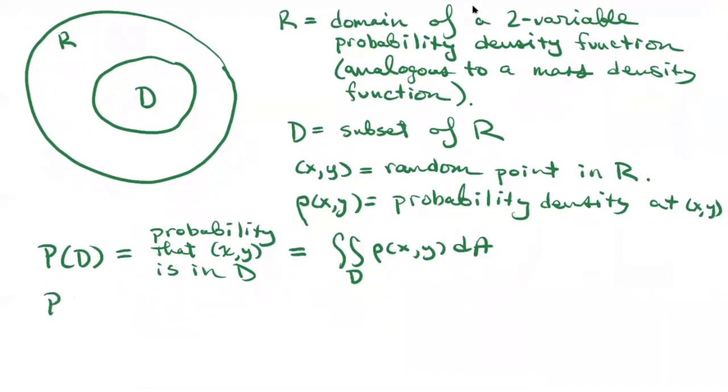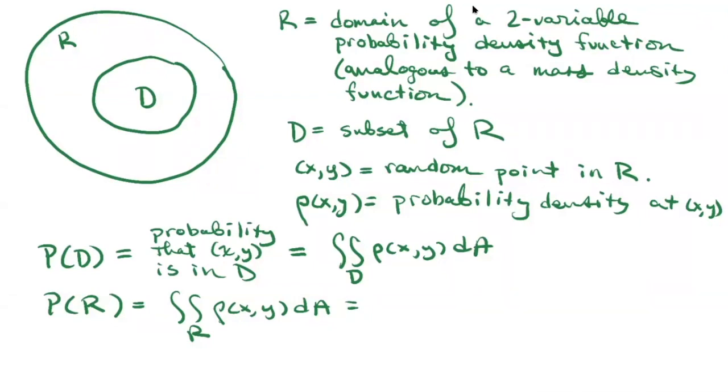P of R would be a double integral over R of rho of (x, y). What do you think this is? I'll tell you, (x, y) is bound to its domain.